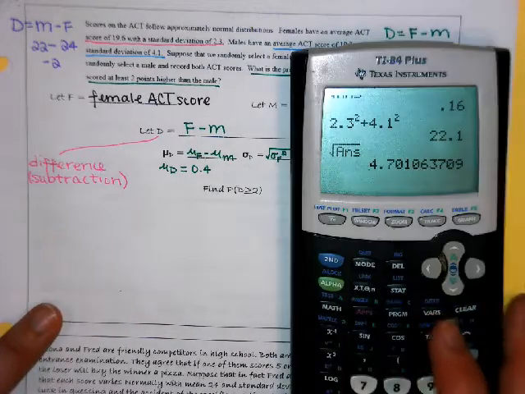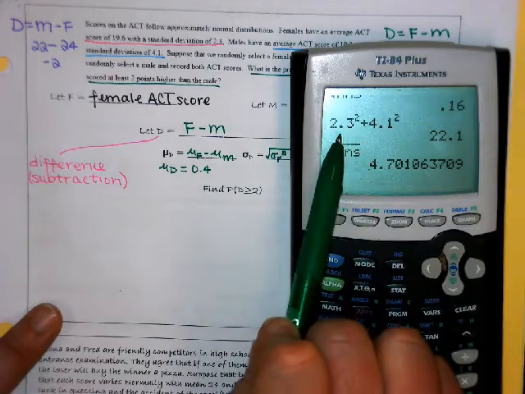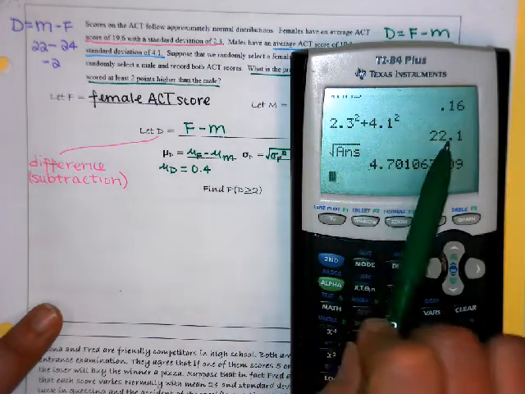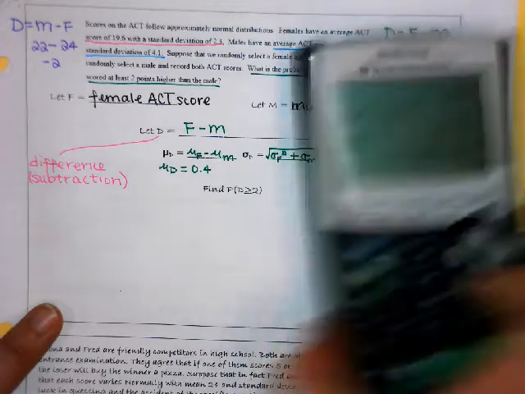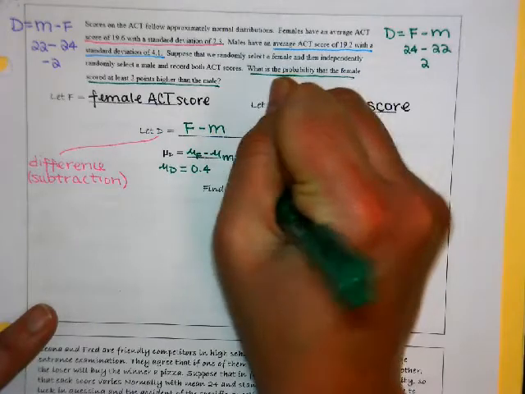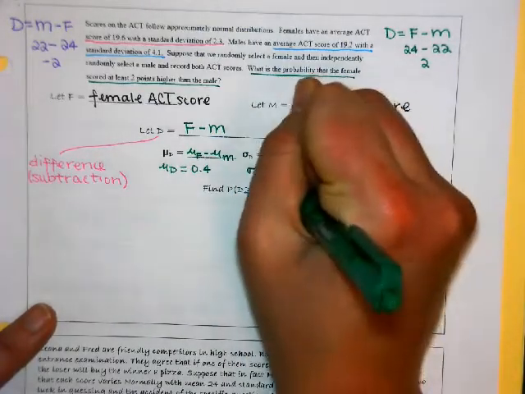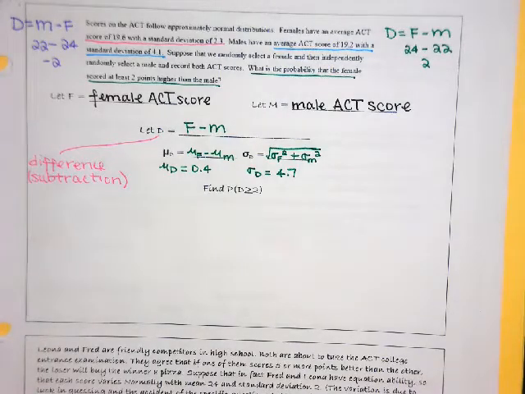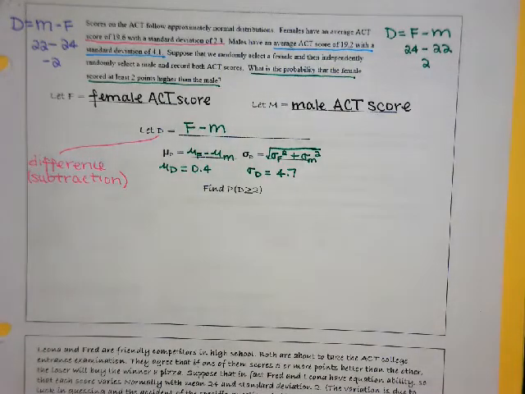So our standard deviation for the difference is 4.7. So we want to find the probability that the difference is greater than or equal to 2. So we're going to draw our normal curve, shade the appropriate area, and then use our calculator function.